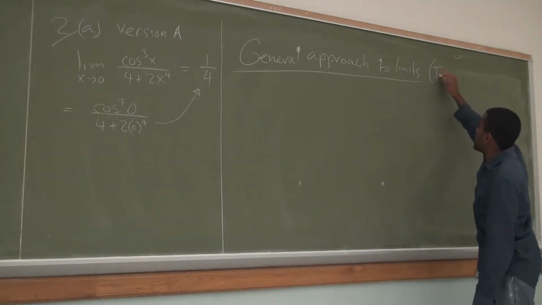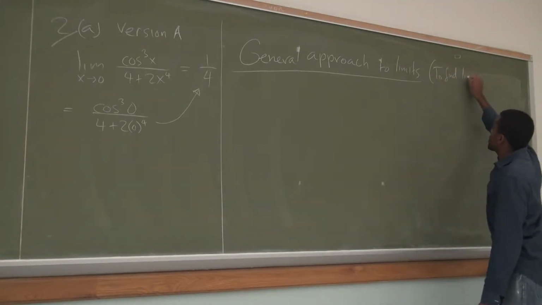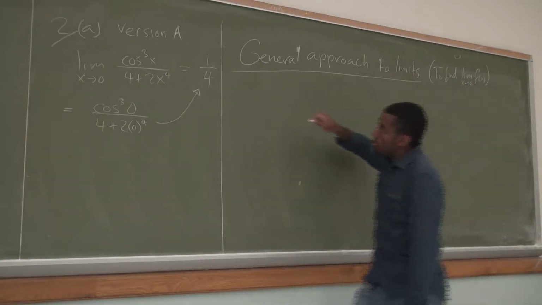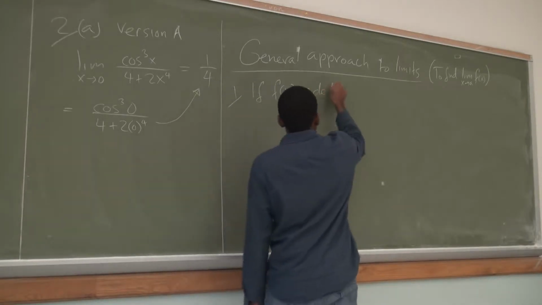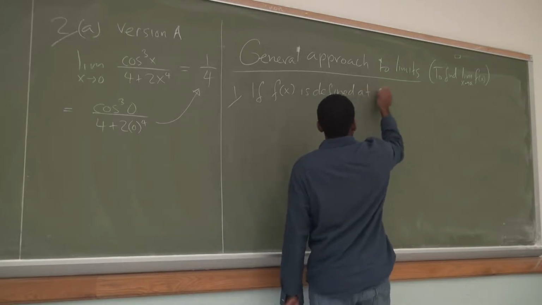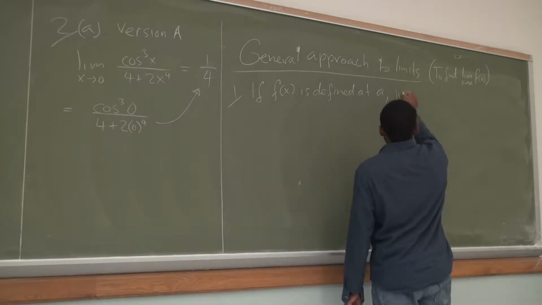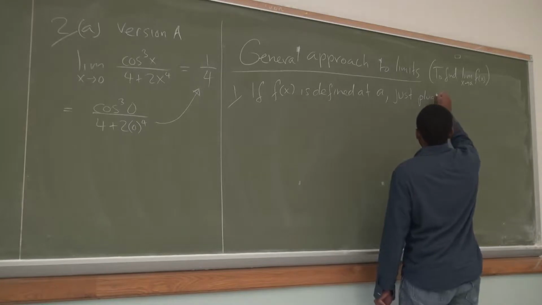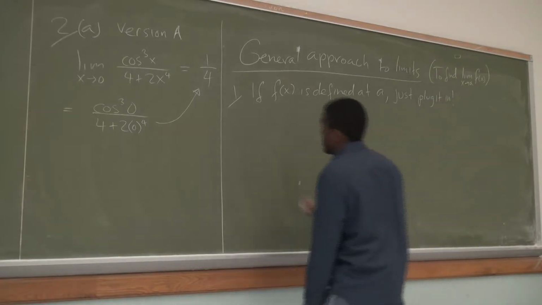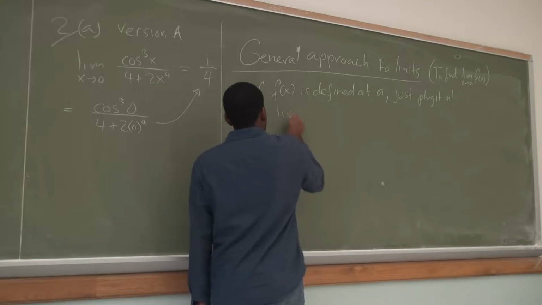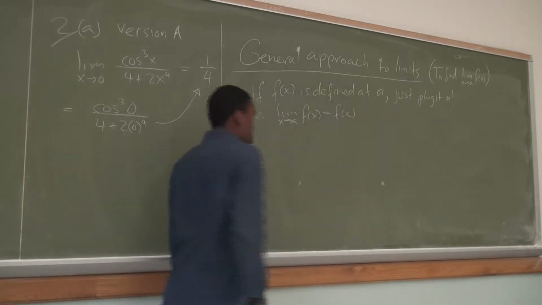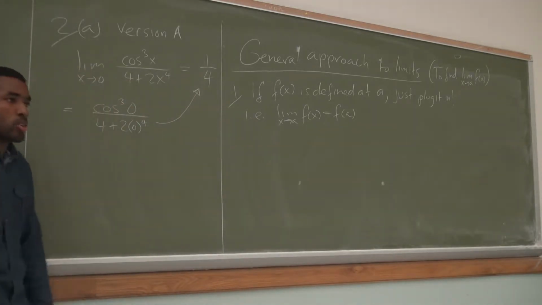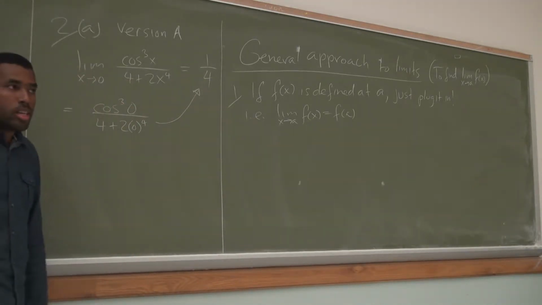I'm just defining the limit as x approaches a of f of x, for example. So one, if f of x is defined at a, let's plug it in. That is, the limit as x approaches a of f of x will actually be f of a. So this means if you can plug in the number and it doesn't divide by 0, you don't get a negative under a radical or something like that, it's okay to just plug in.